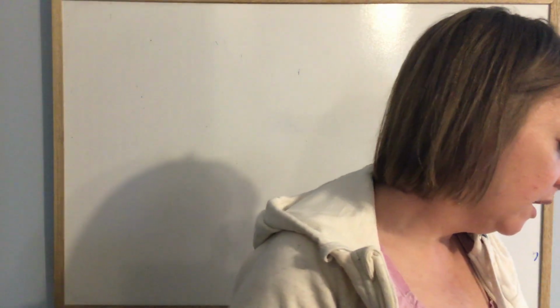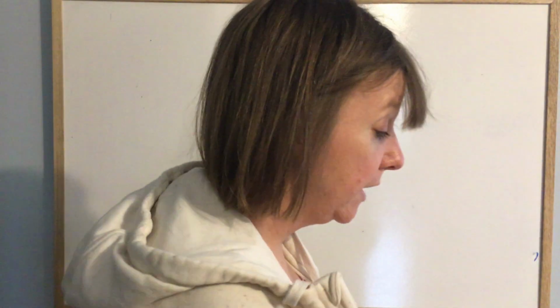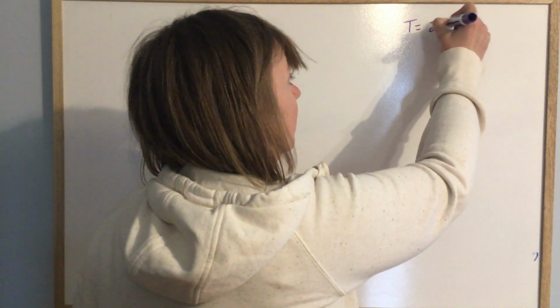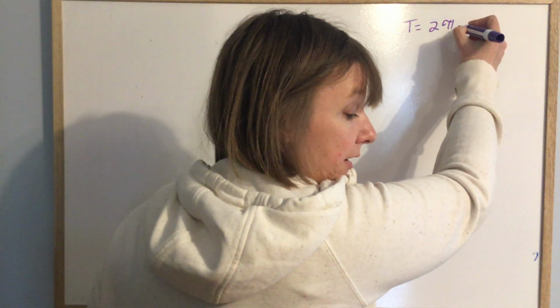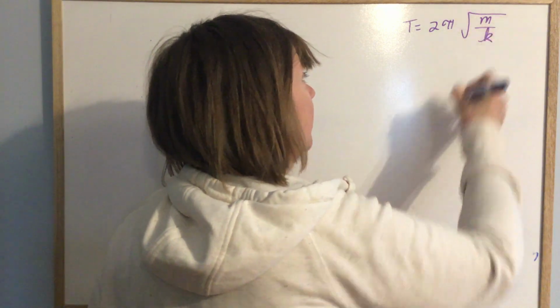One had to do with a mass on a spring, and we said period is 2 pi times the square root of m over k.